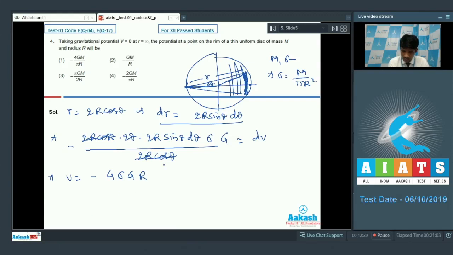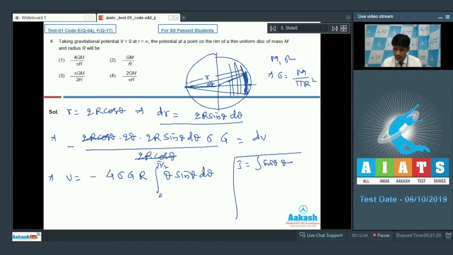this is r, integration of theta sin theta d theta from 0 to pi by 2. Just taking this portion to evaluate the integral here, it will be the integral of theta sin theta d theta by the method of integration by parts.